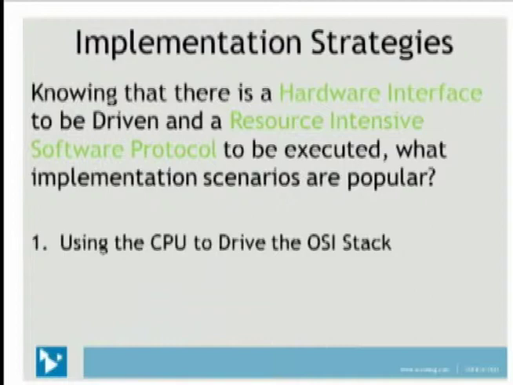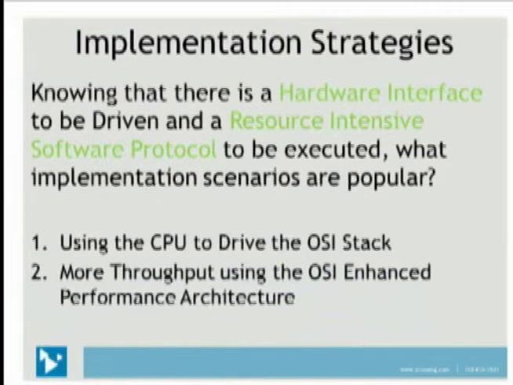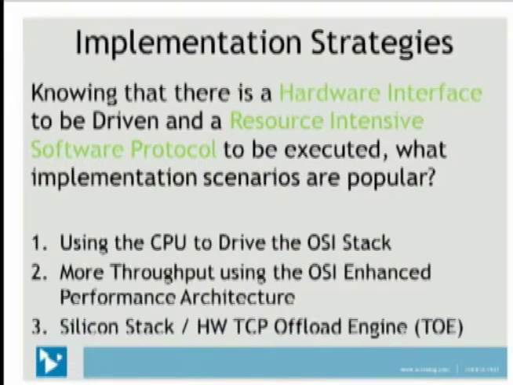And sometimes to gain increased performance, they might use something called the OSI Enhanced Performance Architecture. We'll show you what that is in another minute. And then the best is to use either a silicon or an ASIC-based hardware assist stack, which basically is a hardware TCP offload engine, more commonly known as a TOE.